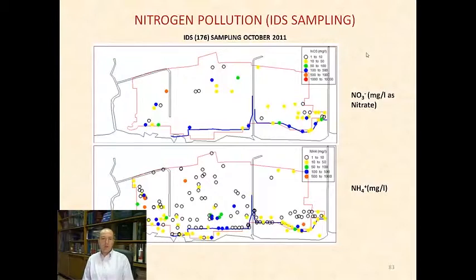But looking at some additional information, we treat also the nitrogen pollution, and in this case we verified that nitrogen pollution is widespread in the aquifer with a special concentration in the western and eastern part, and both main species have been found, the nitrates and also the ammonium.